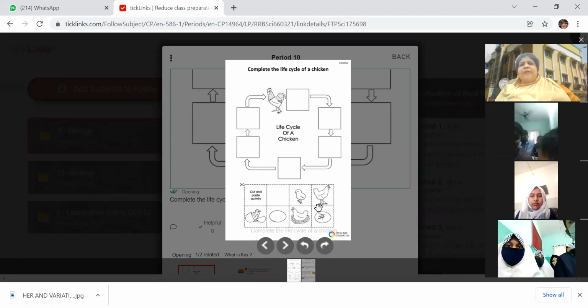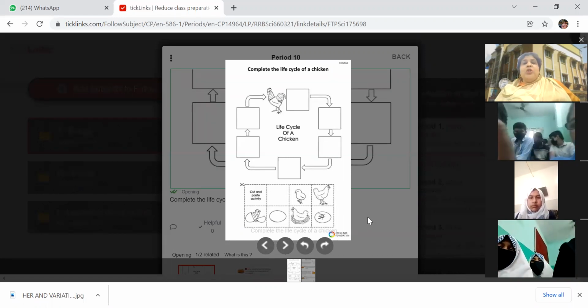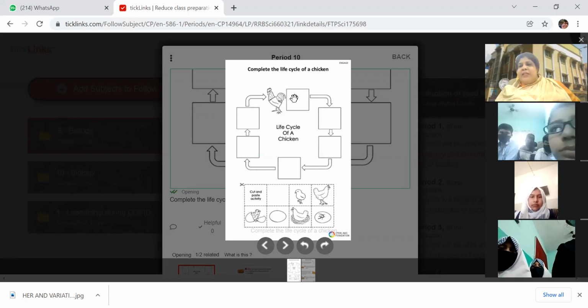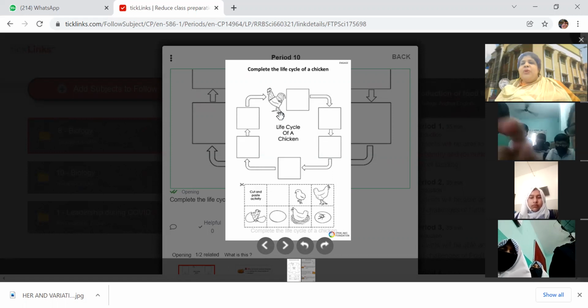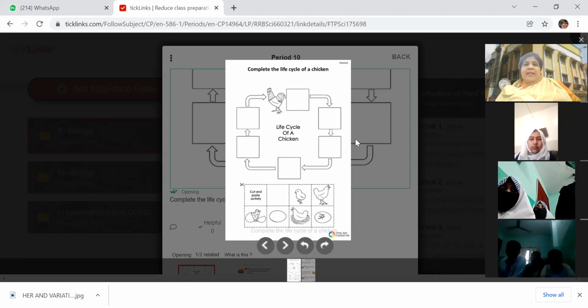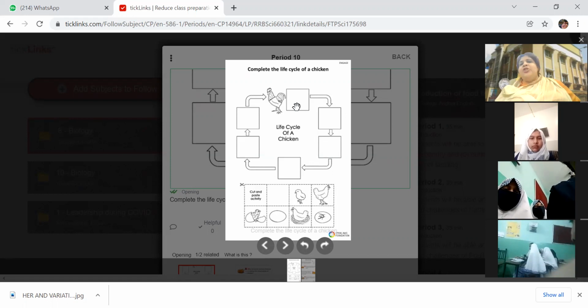Or do you find any difference in them? One is cock and the other is hen. So first there is a need that the male and female should mate. If they mate together, fertilization takes place, then they can lay the eggs. Okay. So the first picture should be this hen should come here.